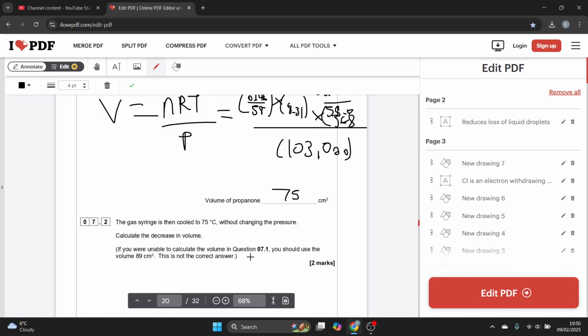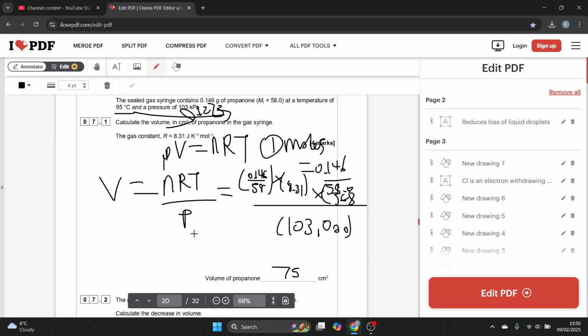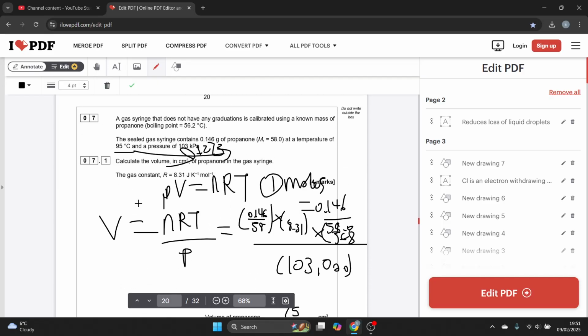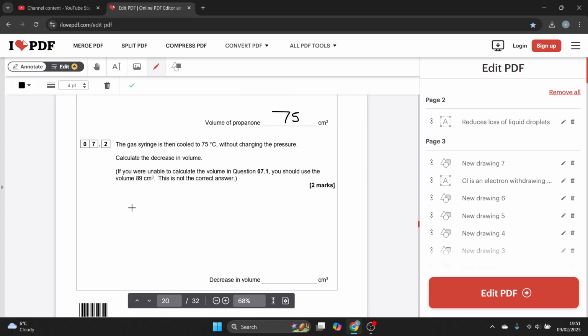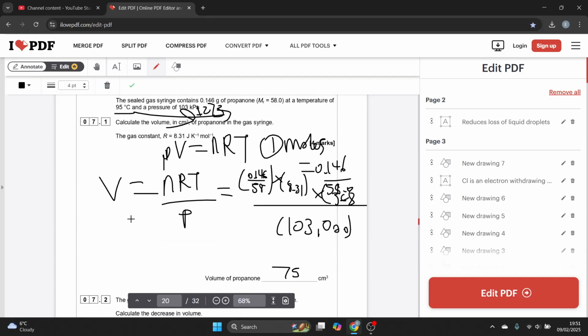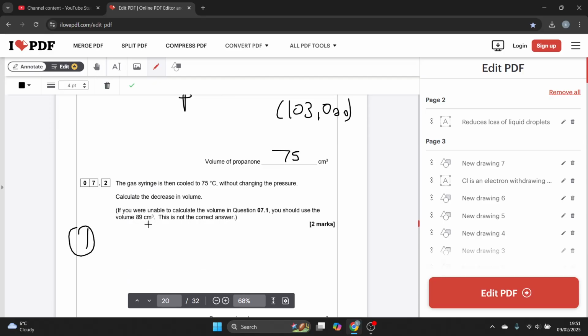Calculate the decrease in volume. The gas syringe is then cooled to 75 degrees Celsius without changing the pressure. In order to do that, the first thing is to find the change in temperature. 95 plus 273 is obviously 368. And 75 plus 273 is 348.